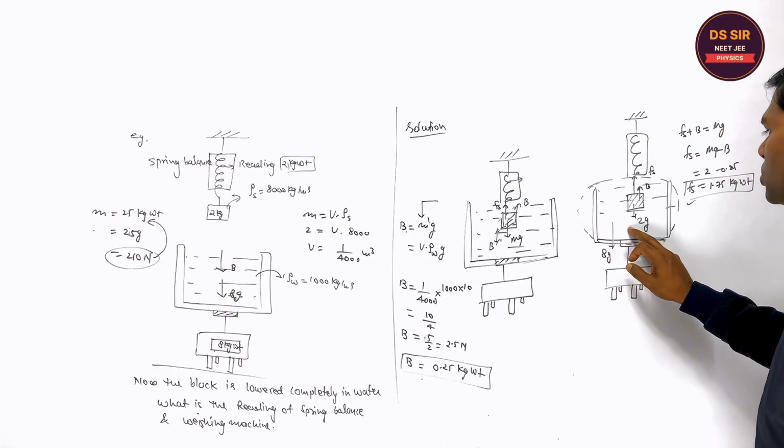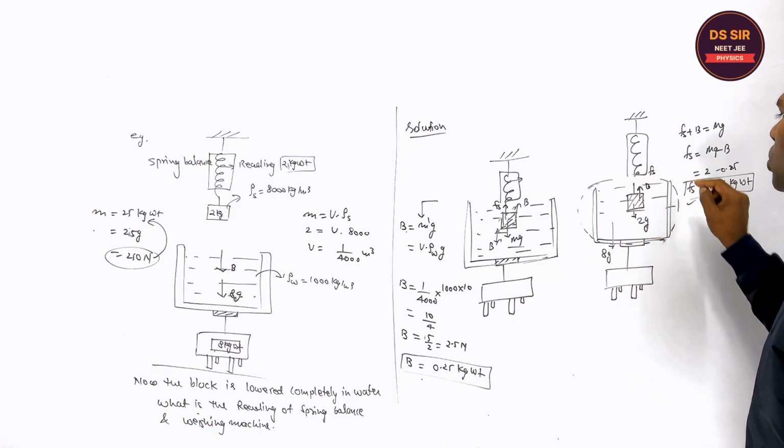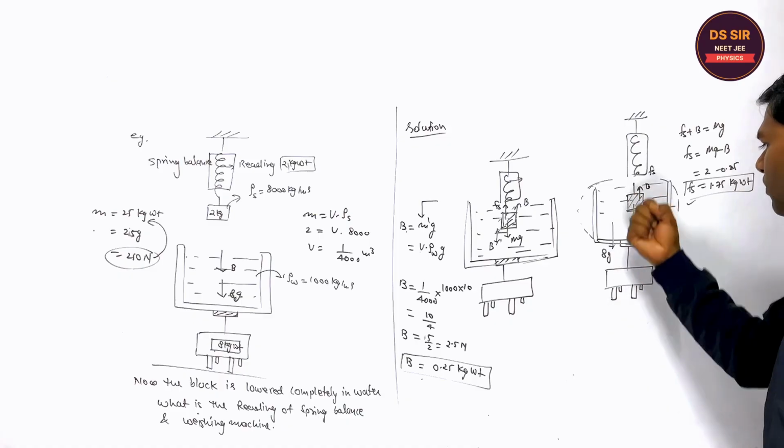So the total weight is 8g plus 2g, which is 10g. If this spring was not there, that would be the reading.